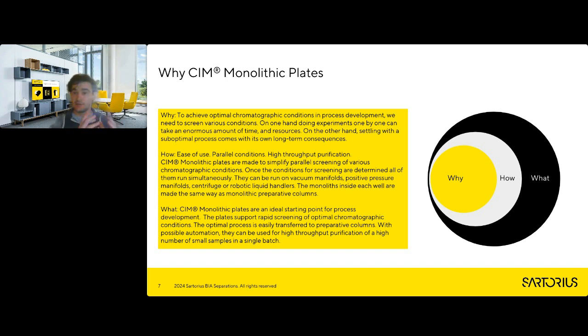As a tool, monolithic plates are an ideal starting point for process development, where we can easily screen different chromatographic conditions, or if those are already set, we can use them for high throughput purification of multiple small samples in a single batch.